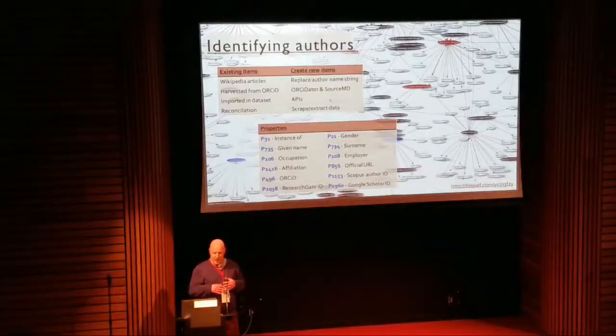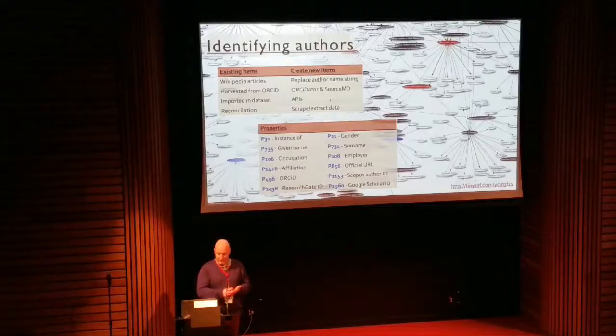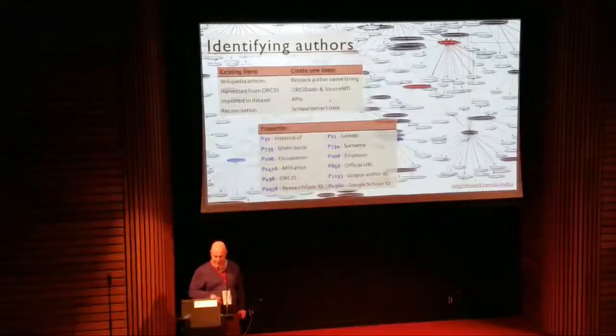And I was trying to expand to a minimum of having the gender, given name and surname, occupation, and if they were still a current employee, to have a link to the departmental webpage.